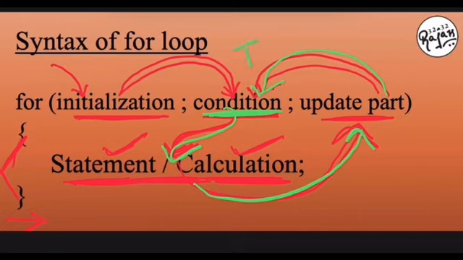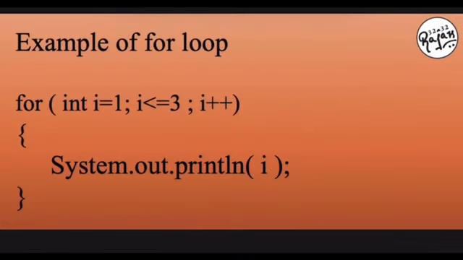If it is true, you are welcome. If it is false, you are out of the loop and the loop gets over. After the explanation of this syntax of for loop, let's start with the example of for loop.